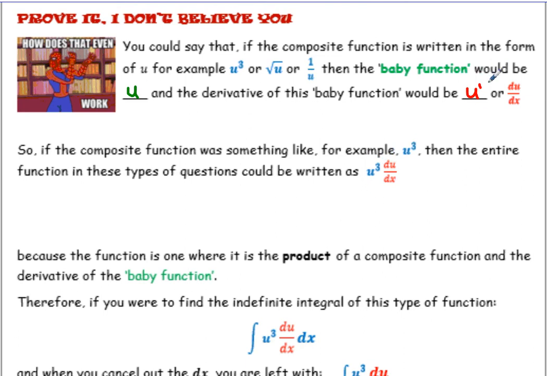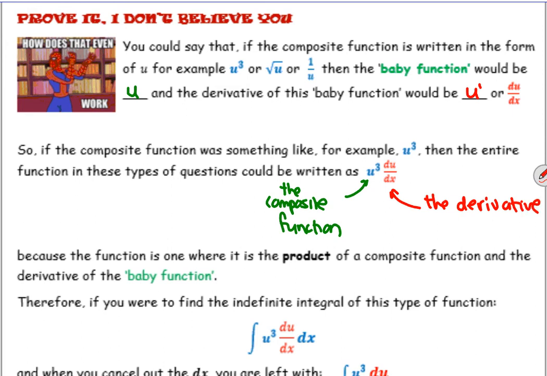So here's the composite function, like the mother function, and the one on the side is the derivative of the baby, the baby u.